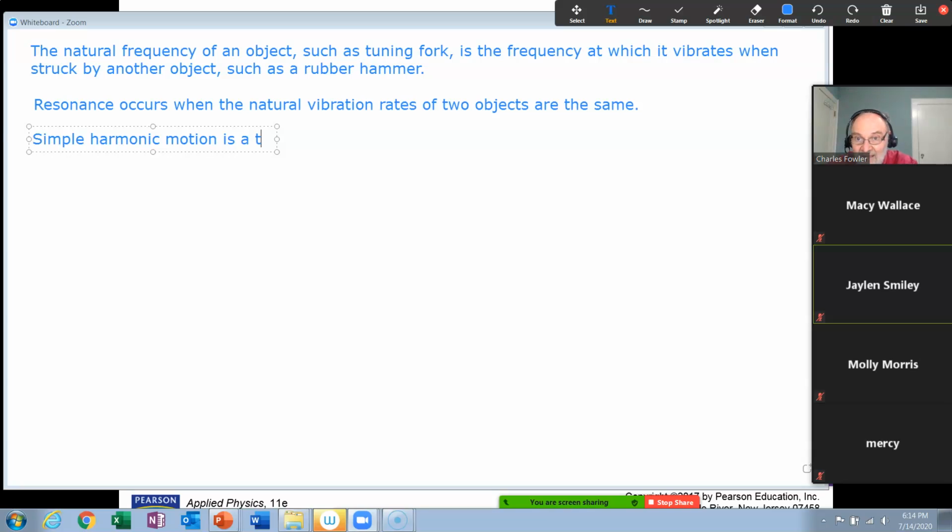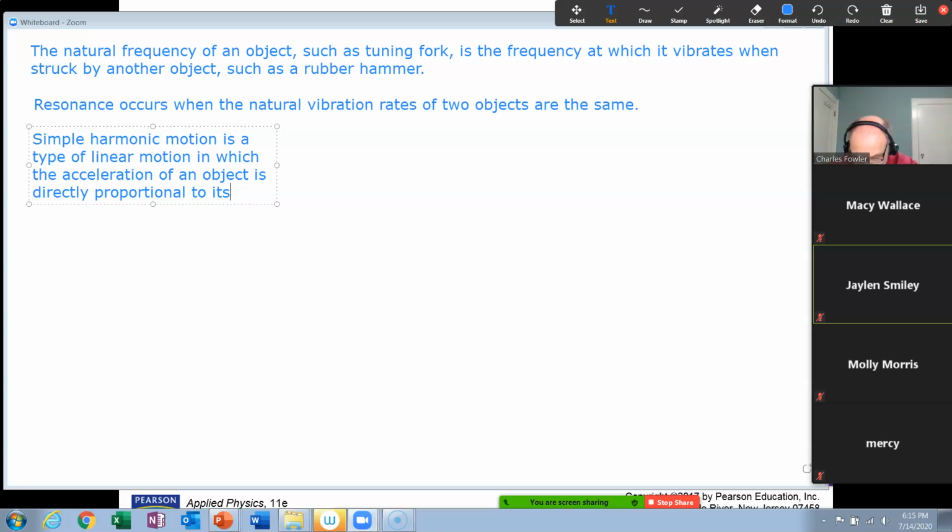It is a type of linear motion in which the acceleration of an object is directly proportional to its displacement from its equilibrium position.